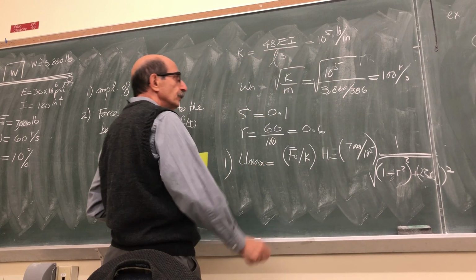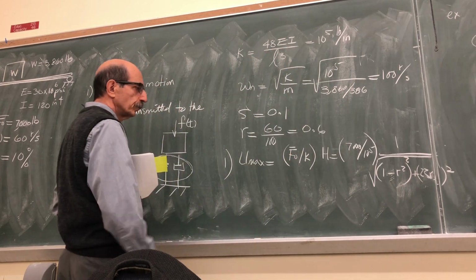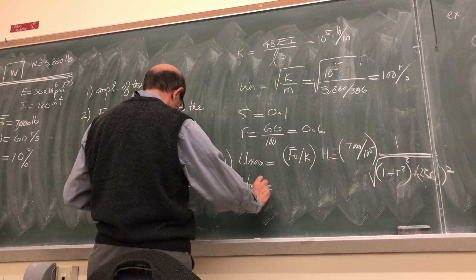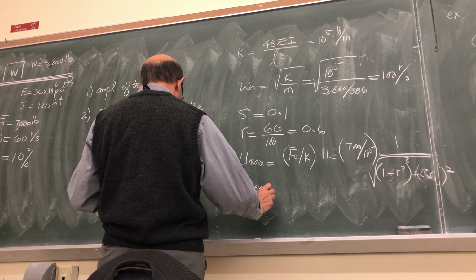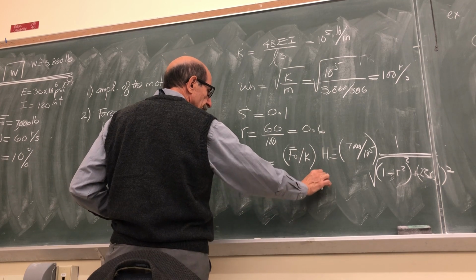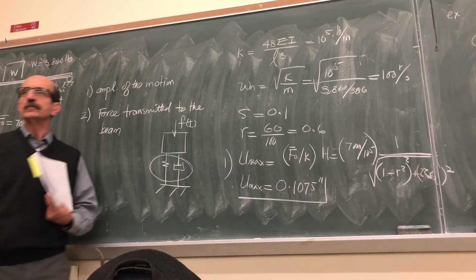You substitute 0.6 for R, and you see that U max comes out to be 0.1075 inches.